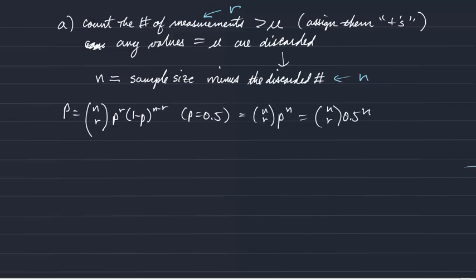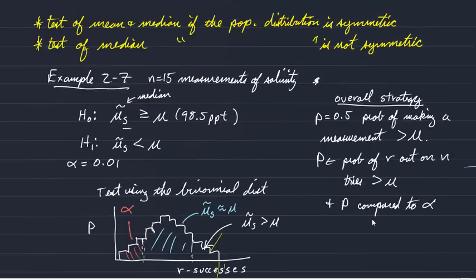So in our example, p is equal to 0.5, we already knew that, but r is equal to 2. There are 2 samples that have salinity greater than 98.5, and n is equal to 14. Now remember, we want the cumulative probability, the area under this curve, to compare with alpha, not just P of any given r. We want the cumulative P for r less than or equal to the determined value of r.